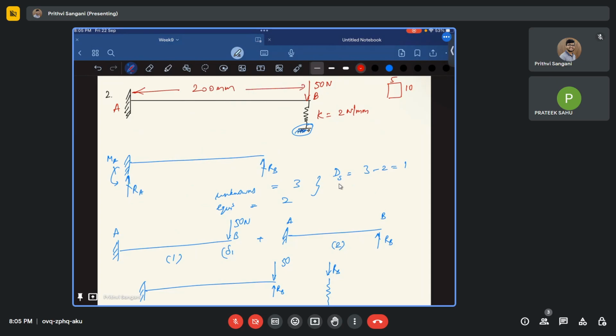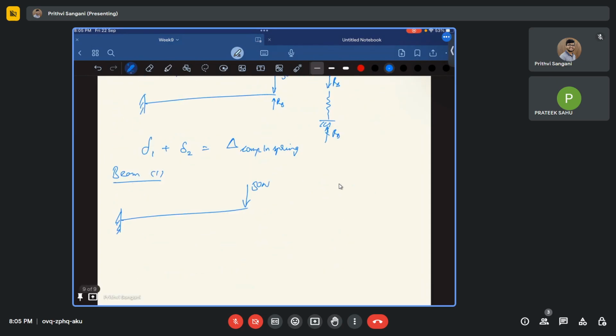So this is 50 newtons and this is 200 mm. Then the support reactions are going to be 50 newtons, and this is going to be hogging. 50 times 200 is 10,000 newton mm. Be careful about the units.